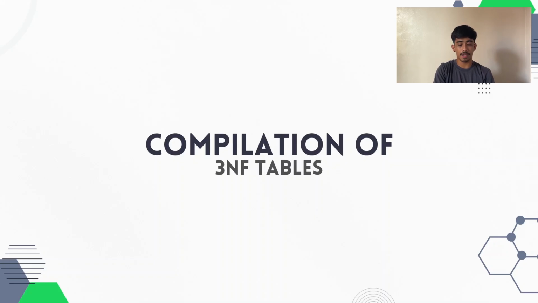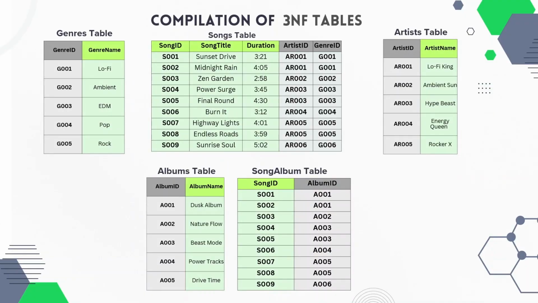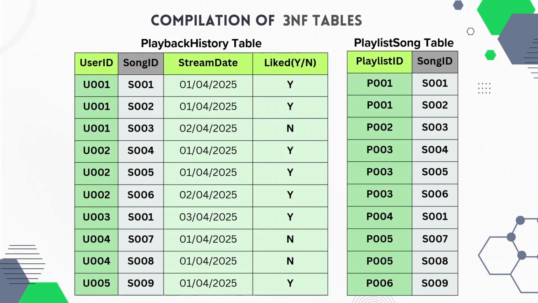To summarize, the final structure includes the users table and playlist table, songs table, artist table, albums table, genres table, and song album table. And last, the playlist song table and playback history table. This structure is much more efficient, avoids redundancy, and supports the business rules of a Spotify-like music streaming system.